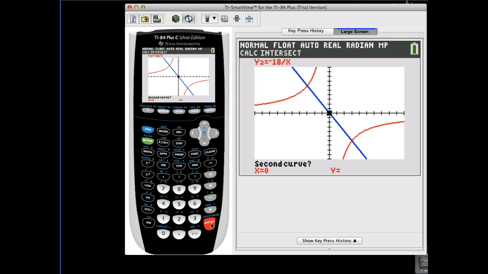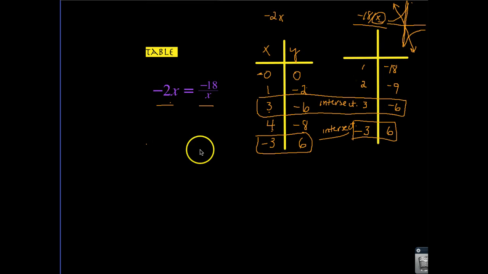Wait, it's not working for me. Okay, never mind. This is a trial thing, so sorry about that, guys. But you can do it on the calculator too. All right, so that's that.